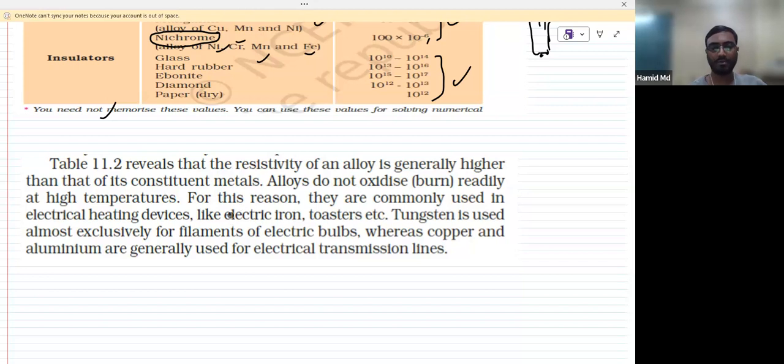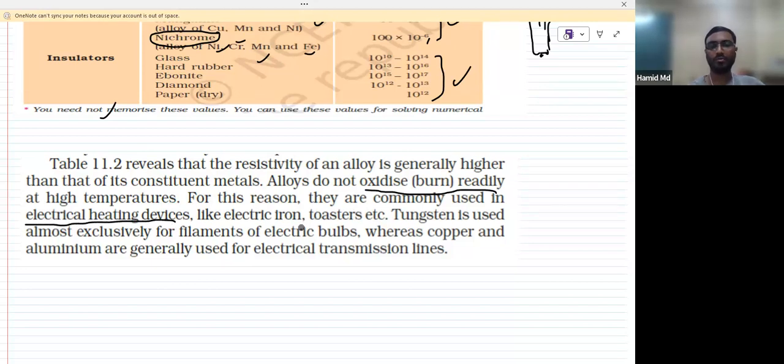When we mix two or more types of material, we form an alloy. The resistivity of an alloy is greater than that of the constituent materials. Alloys do not oxidize or burn readily at high temperatures. For this reason, they are commonly used in electric heating devices.